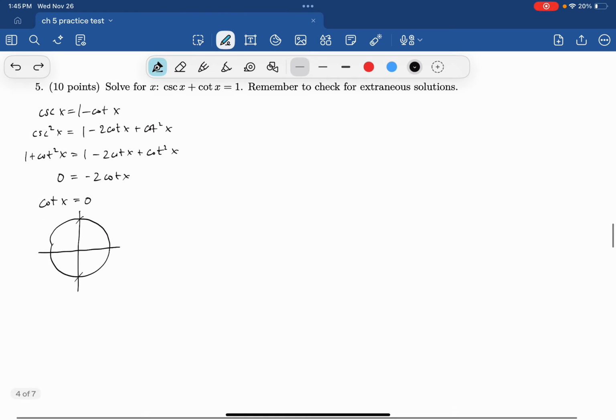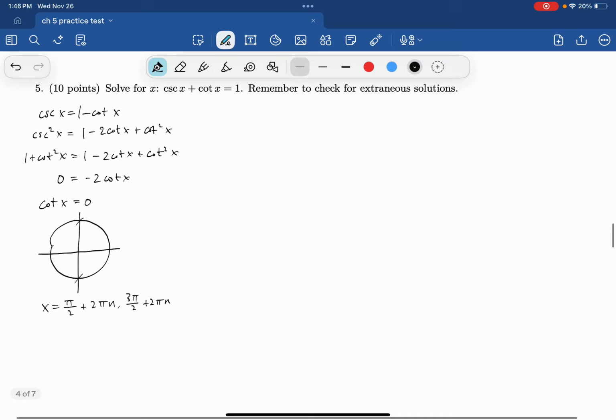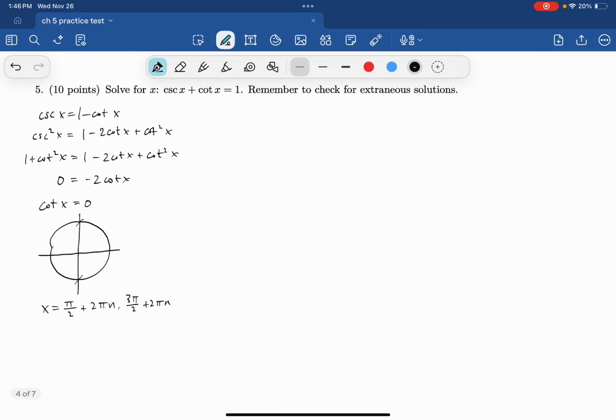And so we're going to say, this tells us that x equals pi over 2 plus 2 pi n and 3 pi over 2 plus 2 pi n. Okay. And then we need to plug both solutions in because we squared both sides, so that will introduce extraneous solutions.